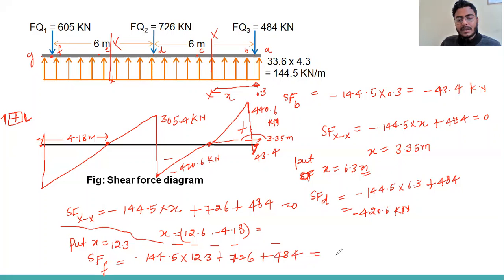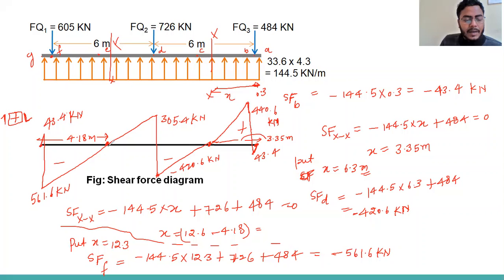So we will get minus 561.6 kilonewton. So the value is 561.6 kilonewton negative. Again you will get some change, so here you can get 53.4 kilonewton, because there is a concentrated load, and finally it will reach 0.